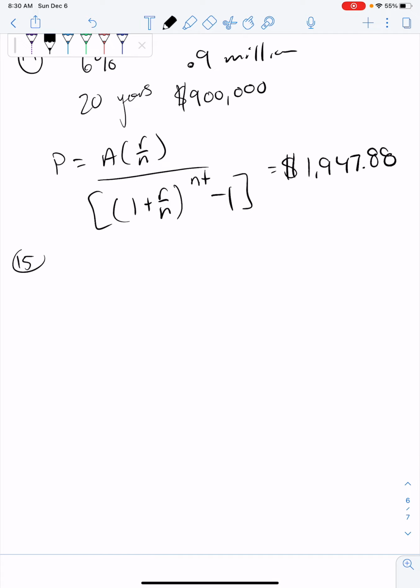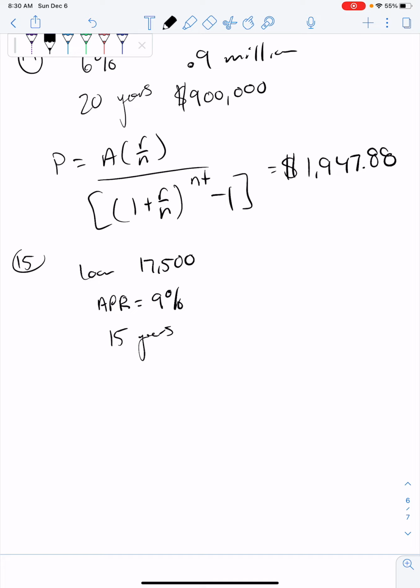So number 15 wants me to consider a student loan of $17,500. Okay, so my loan is $17,500. It's got a fixed APR, so my interest rate is 9%, and it's going to take 15 years to pay off this loan.